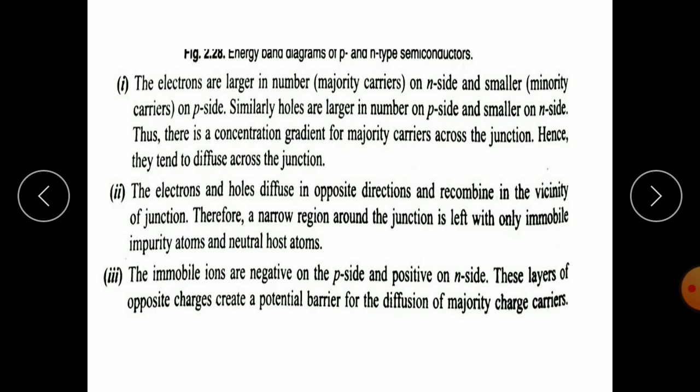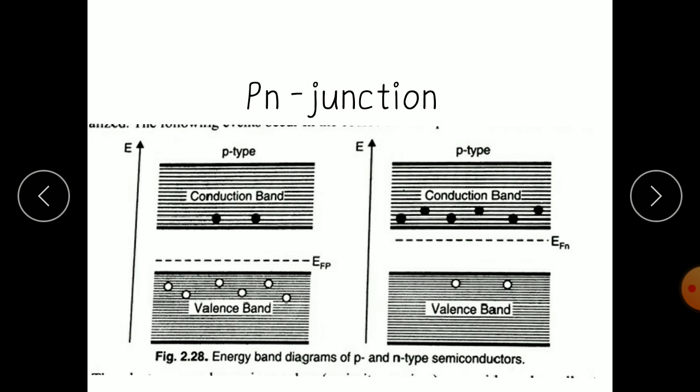What will happen if we combine p and n-type material? Inside the n-type region, electrons are the majority charge carriers, while in p-type material, holes are the majority charge carriers.